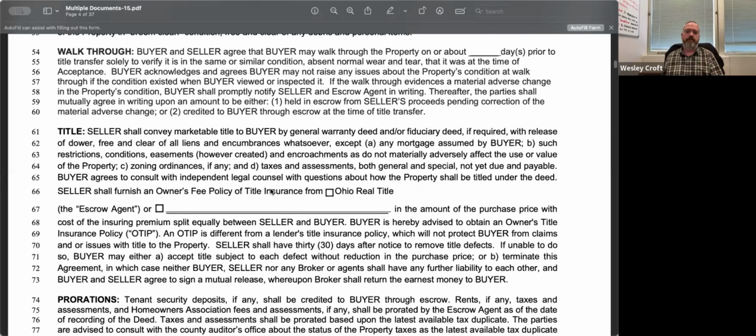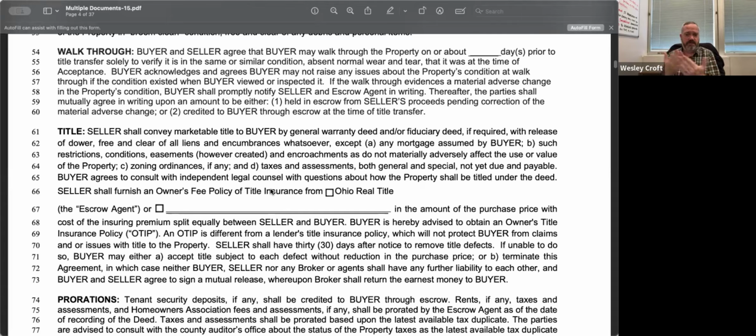Now, if the walkthrough, and this is on line 57, if the walkthrough evidences a material adverse change in the property's condition, meaning there's been cabinets ripped out, there's a giant hole in the basement wall, things like that, buyer's got to notify the seller, and then both parties have to agree in writing.